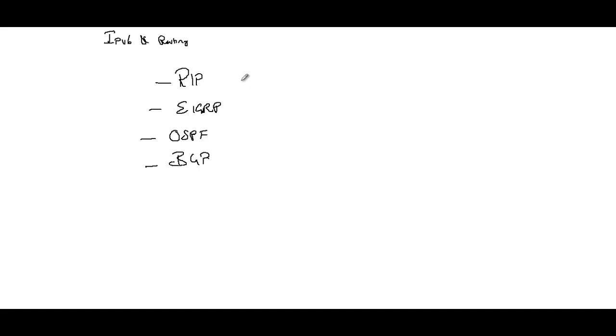Now, the basic fundamentals about these routing protocols are the same. Like RIP is again a distance vector protocol in both IPv6 as well as in IPv4. RIP NG, next generation, or it is also called IPv6 RIP.